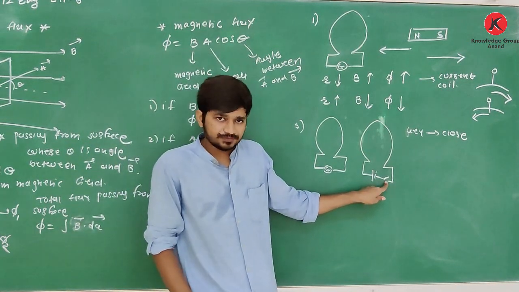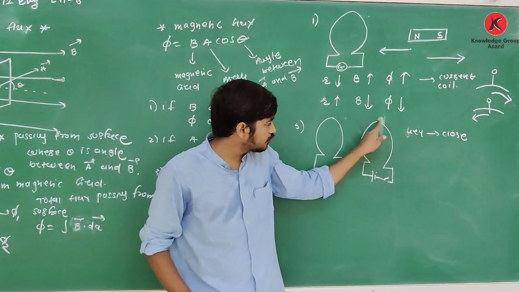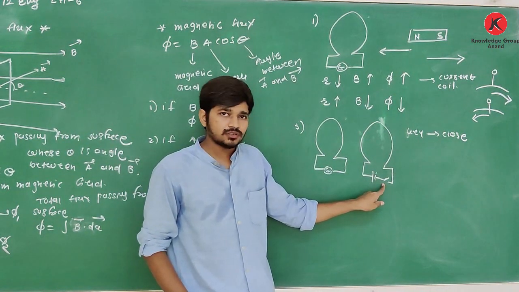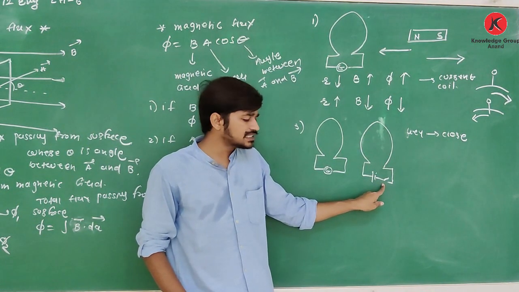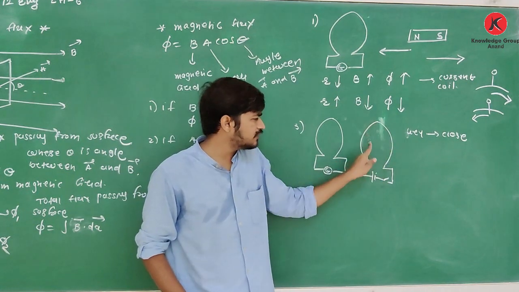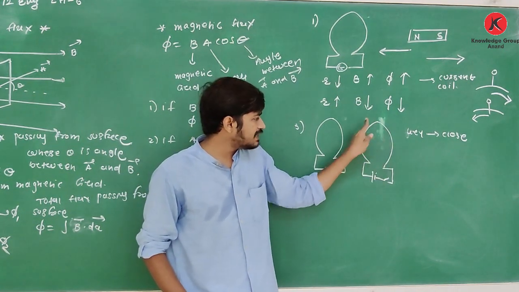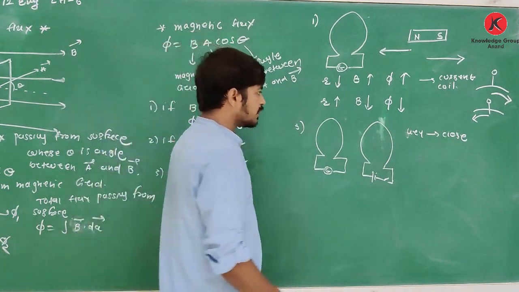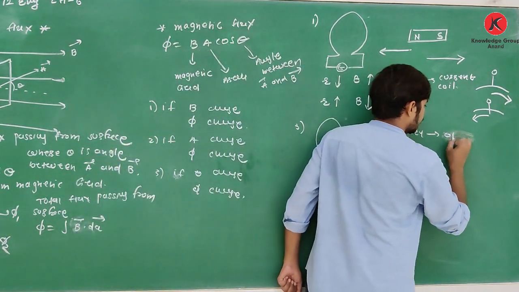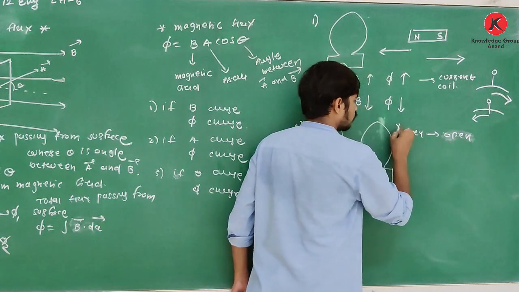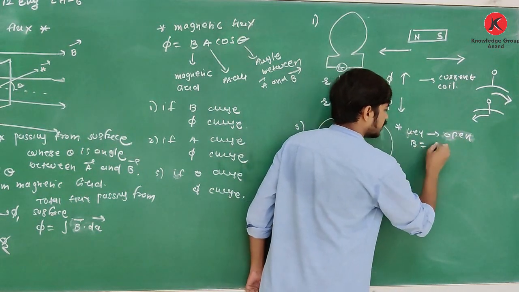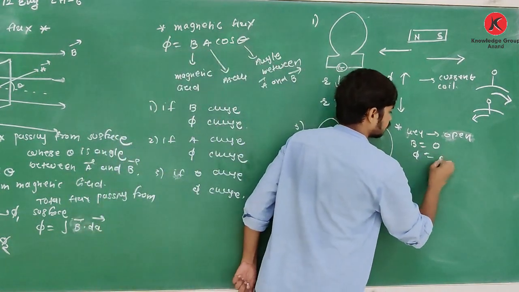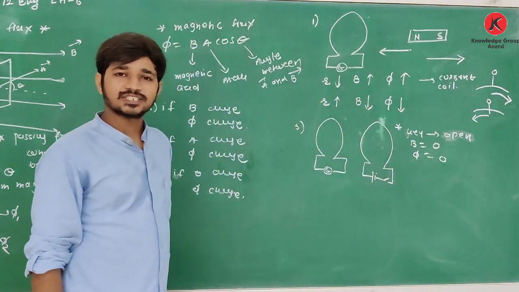Initially the key is open. So is there any current flowing in this coil? No. So is there any magnetic field produced due to this coil? No, because initially the key is open. So the magnetic field produced due to the coil is 0. So what is the flux? It is also 0. Yes or no?